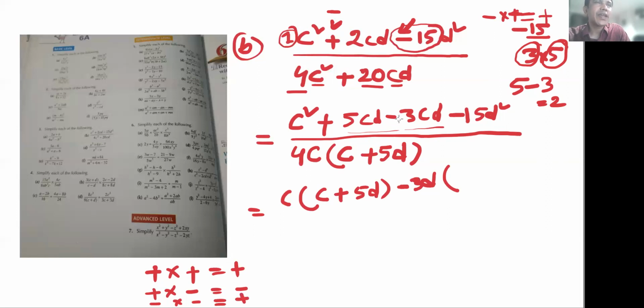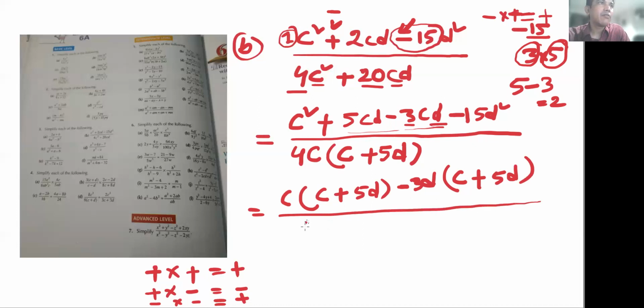So if we take minus common, it will become plus. Then 15 divided by 3 is 5, and we have 4C times C plus 5D.